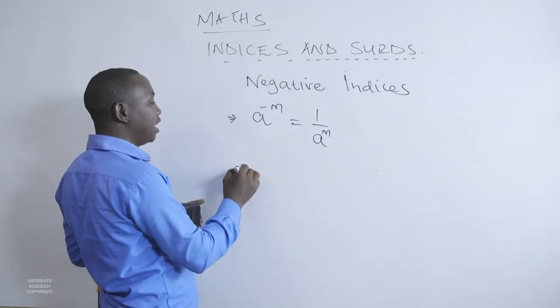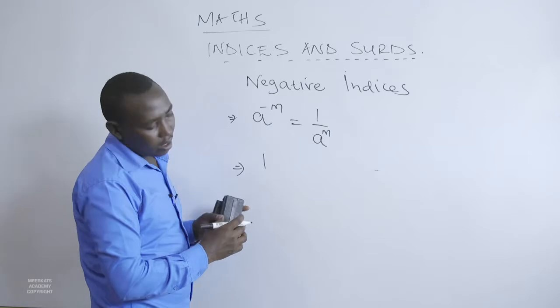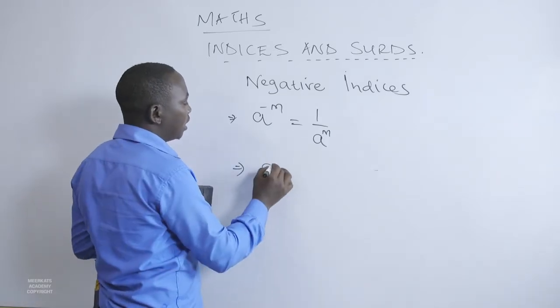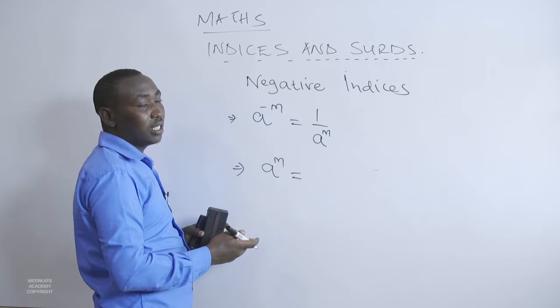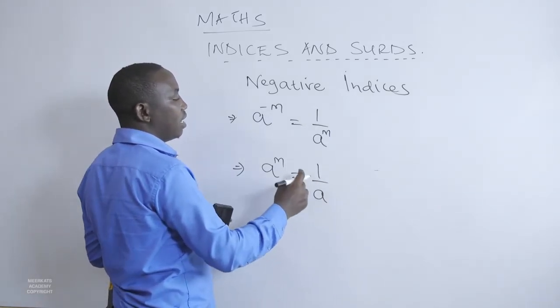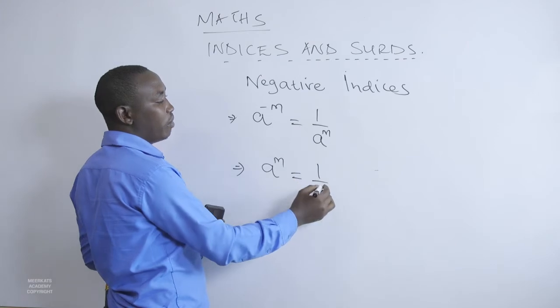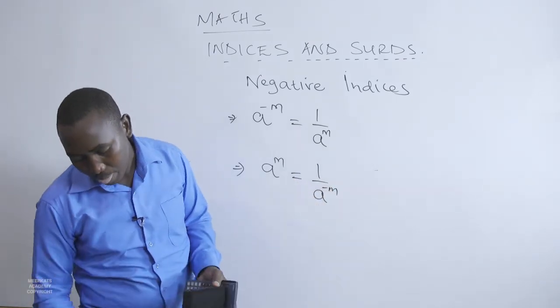And therefore, this also means that if you have, let me use a raised to the power of m, and we find its reciprocal, this shall be 1 over a. Now the power changes sign to be negative, raised to the power of m.